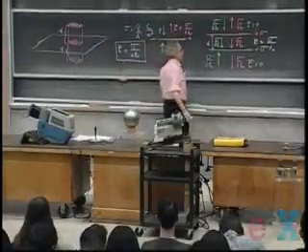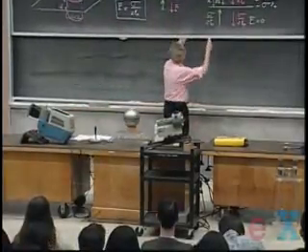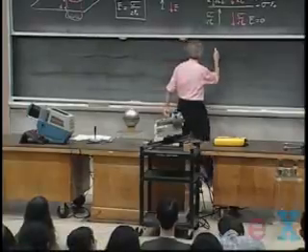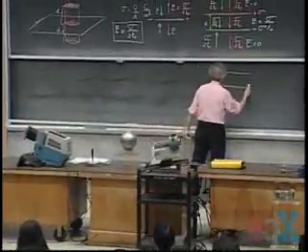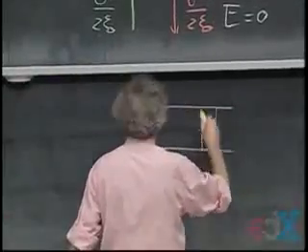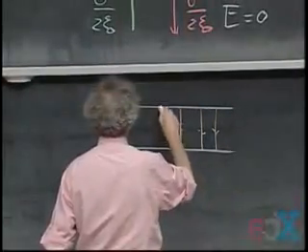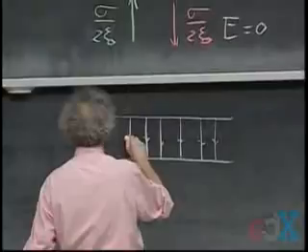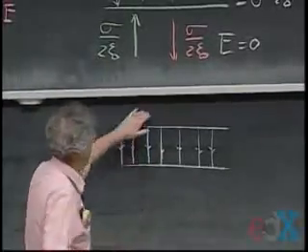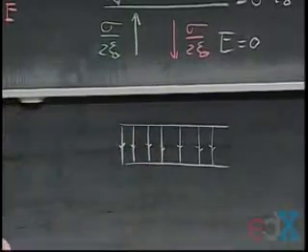And so if I have to draw the field lines in a situation like this, then the field lines would be like so, if the upper plate is positive, and the field in here would be the same everywhere, outside 0 and outside 0 here.